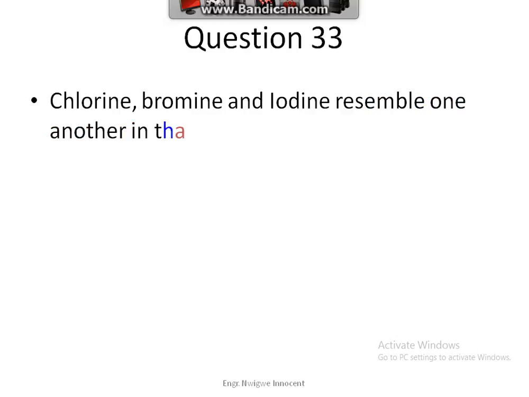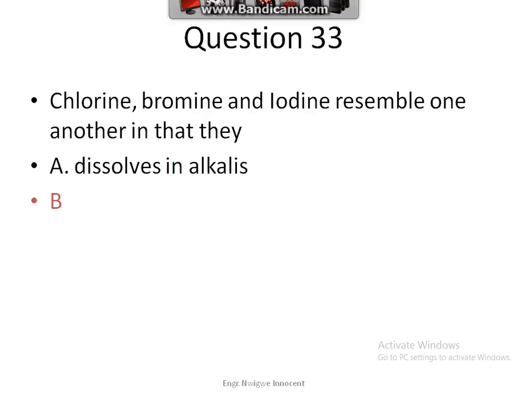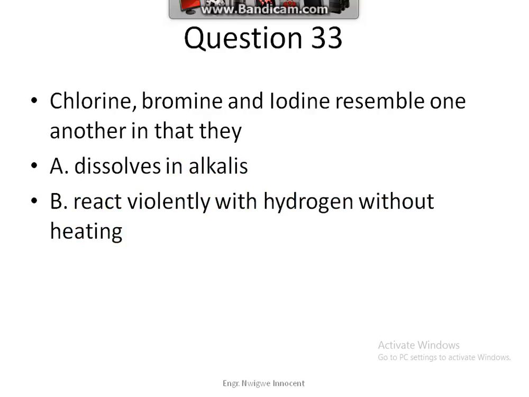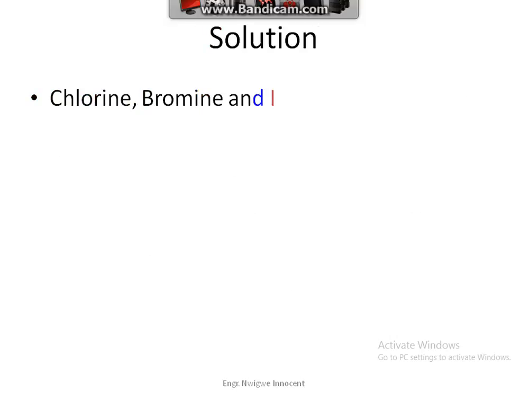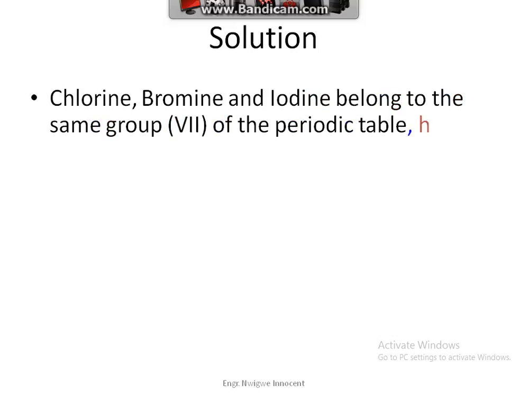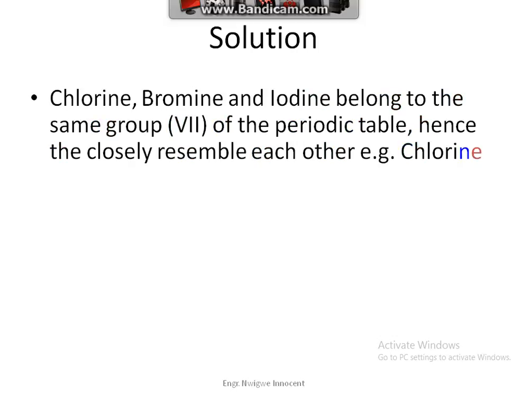Question 33. Chlorine, bromine, and iodine resemble one another in that they: A. Dissolve in alkalis, B. React violently with hydrogen without heating, C. Are liquids, D. Displace one another from solutions of their salts. Solution. Chlorine, bromine, and iodine belong to the same group 7 of the periodic table.